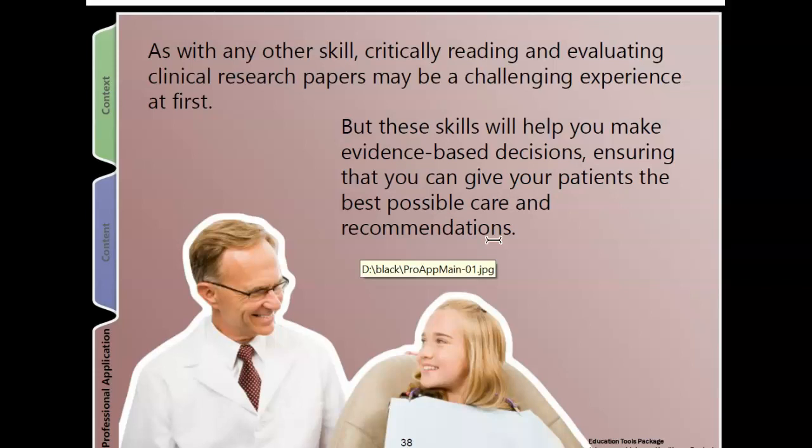We didn't just go to Google and find information, because we know that Google is not an accurate source to get information. We actually went through the trouble of reading journal articles, and based on the readings, we then make a recommendation for our clients. So it's important that we know how to critically read, how to critically evaluate clinical research papers, because when we know how to do that, we can give the best possible care to our client.